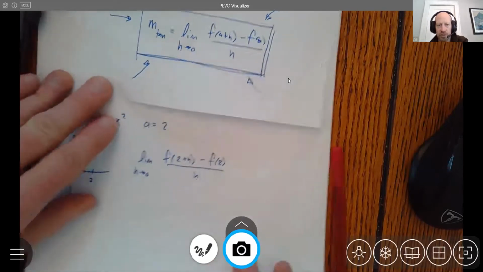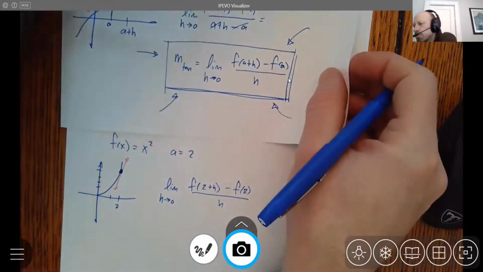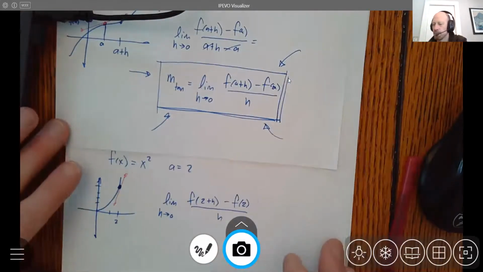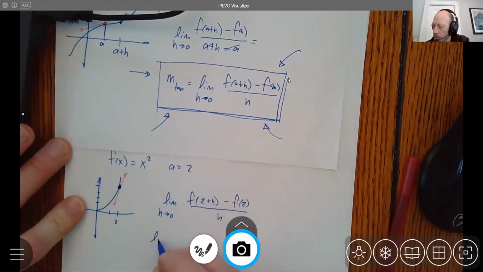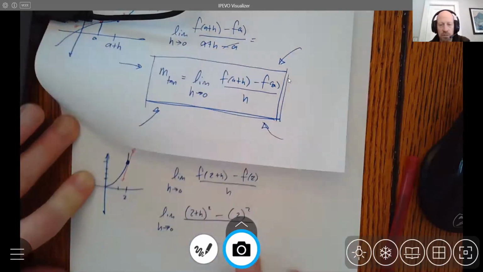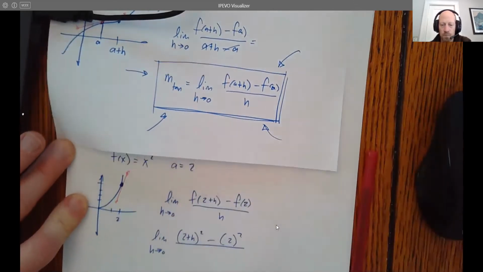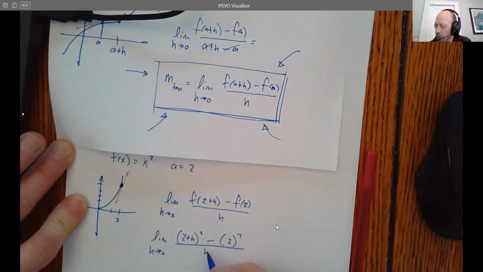Leave that function there so you can see it. So f of 2 plus h, this is my function. So 2 plus h squared minus f of 2, which is 2 squared, all over h.